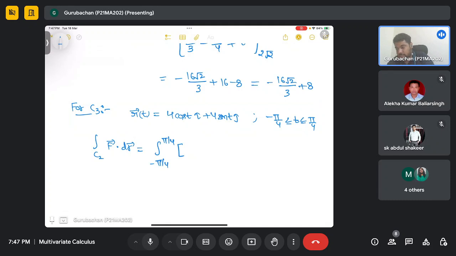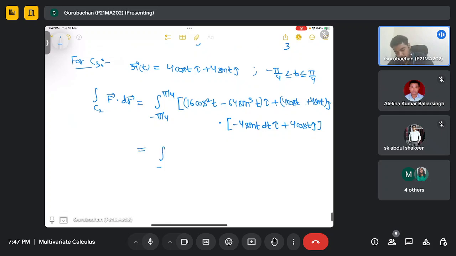F is x square minus y cube, that is 16 cos square t minus 64 sin cube t, i cap, plus 4x plus y, that is 4 cos t i cap plus 4 sin t j cap, dot product with dr, which is minus 4 sin t dt i cap plus 4 cos t dt j cap.